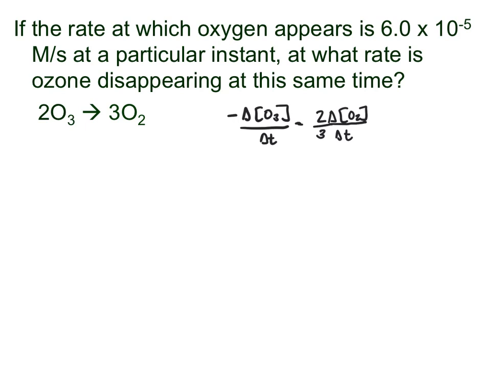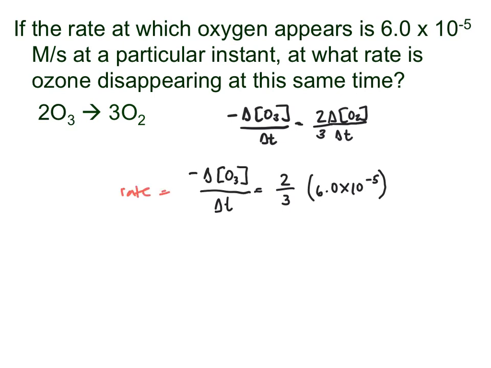Now, the instantaneous rate of the disappearance of ozone is going to correspond to this area of our rate expression. So what we're going to do is plug in our numbers there. And that plug-in will look like this. Guys, I want to point out very clearly that your rate of disappearance of your ozone is equal to this expression.